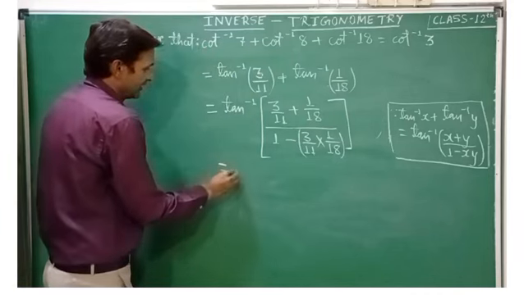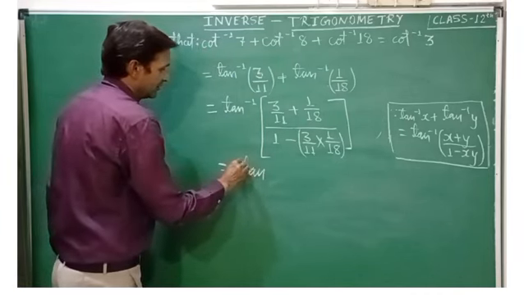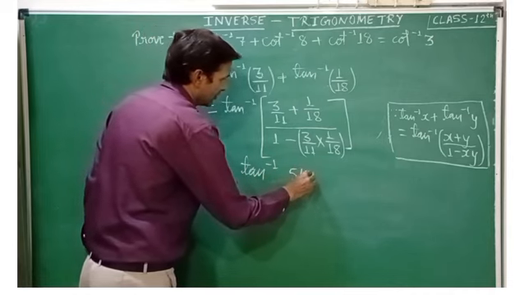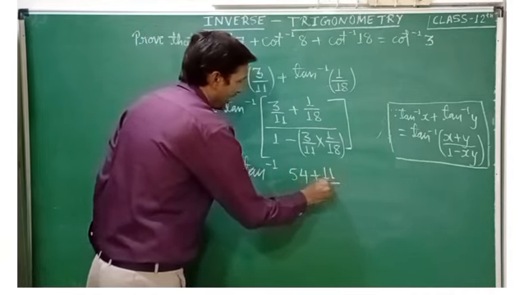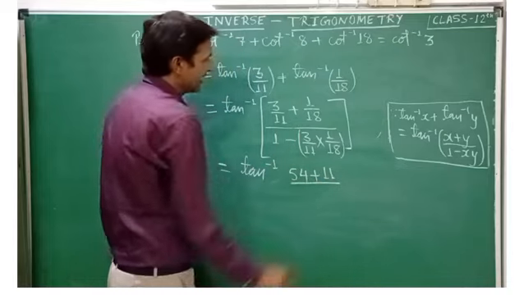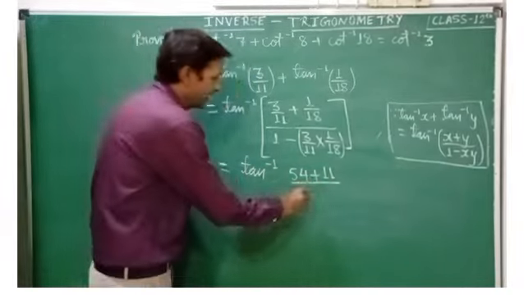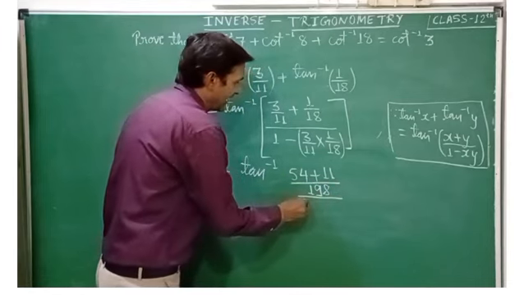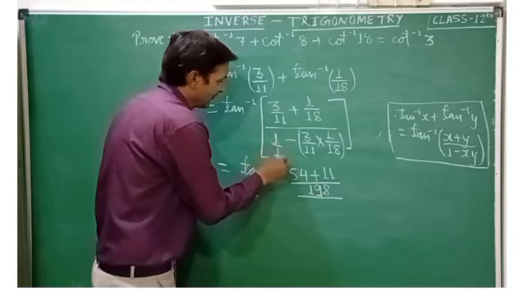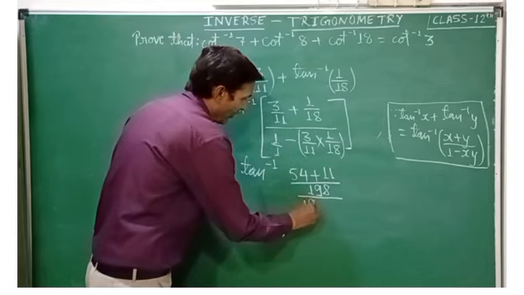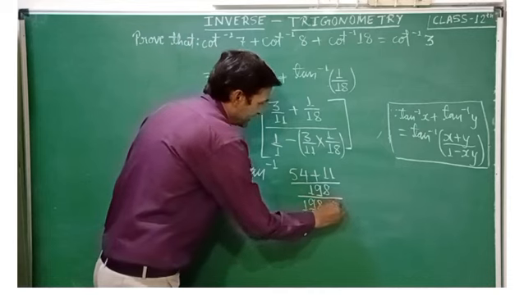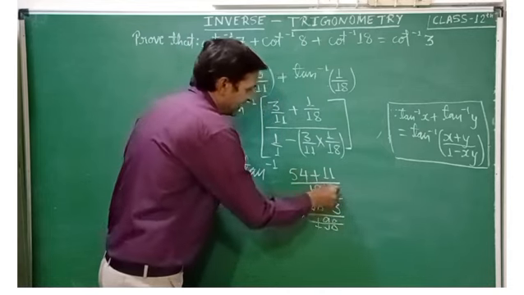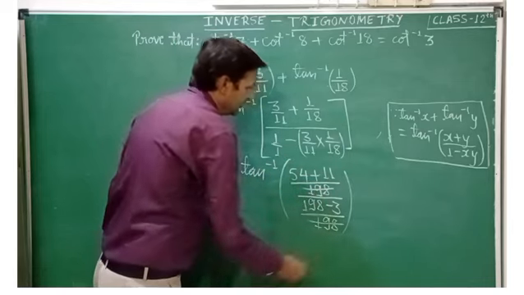So it will be tan inverse of 54 plus 11 upon the LCM of 11 and 18, that will be 198. In the denominator 1 is there, so it is 198 minus 3 upon 198. So this 198 and 198 will be cancelled.